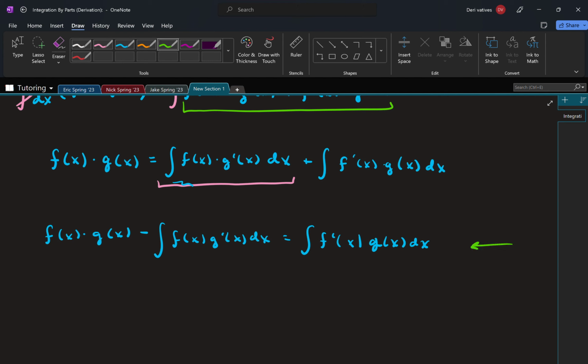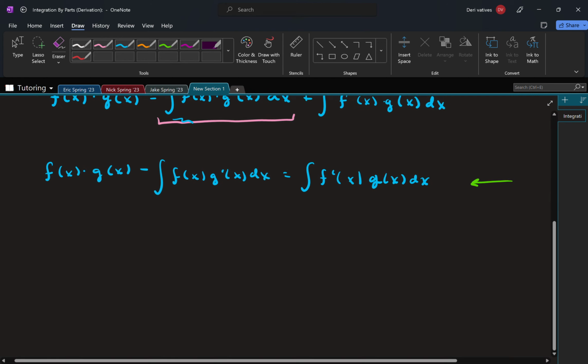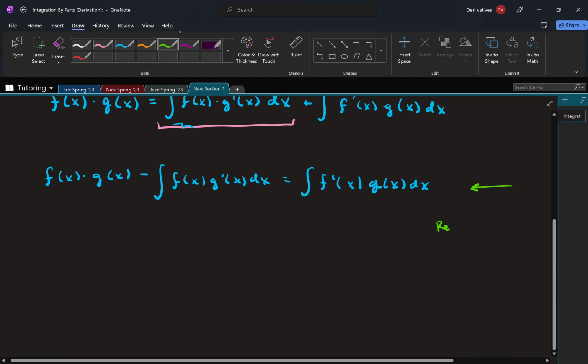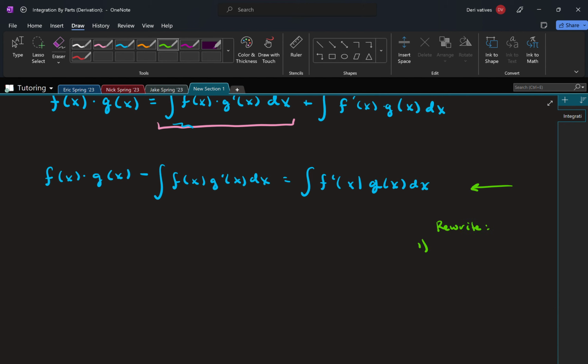This is the formula. I'm going to rewrite it just a little bit so it looks a little bit more palatable. Actually 3 things. The first thing I'm going to do is switch the equality, so I'm just going to write this on the left-hand side. I'm going to rename f and g to u and v.